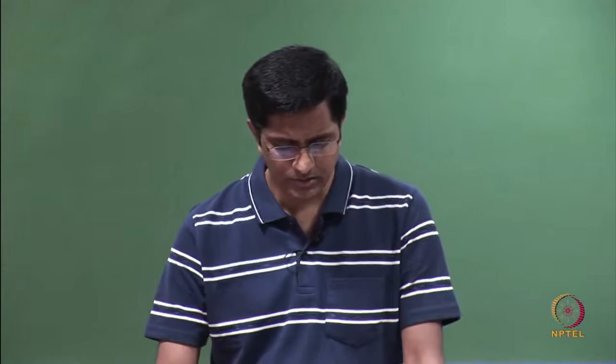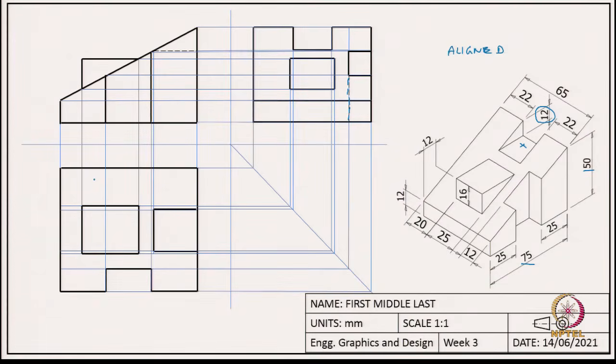Okay. So, for us to dimension these views, first let us see what the dimensions are here. So, here we say it is 25, and we need to place the text above the dimension line. So, here too it is 25.